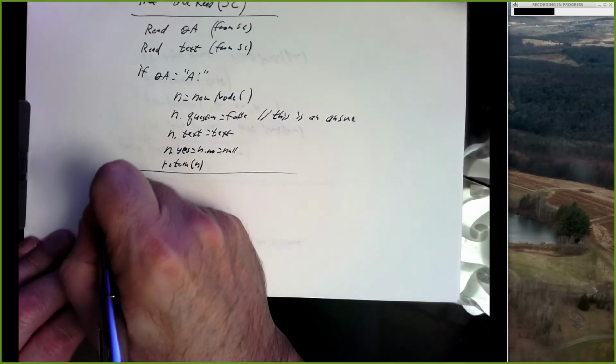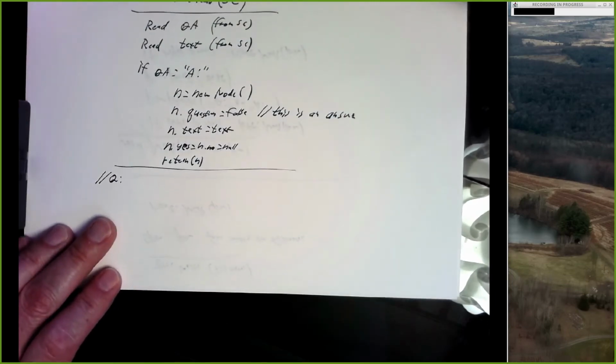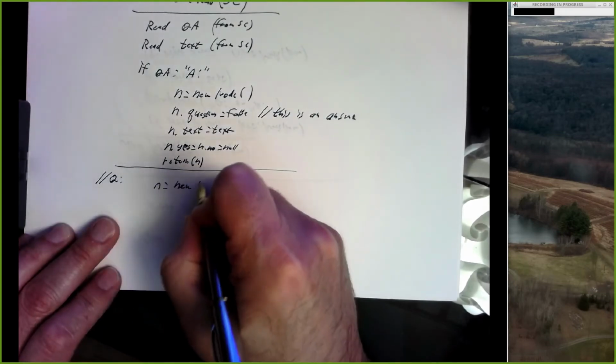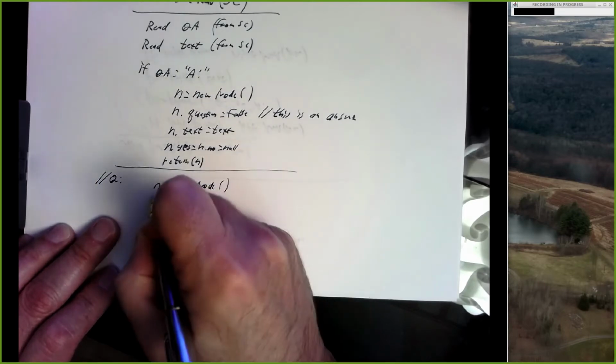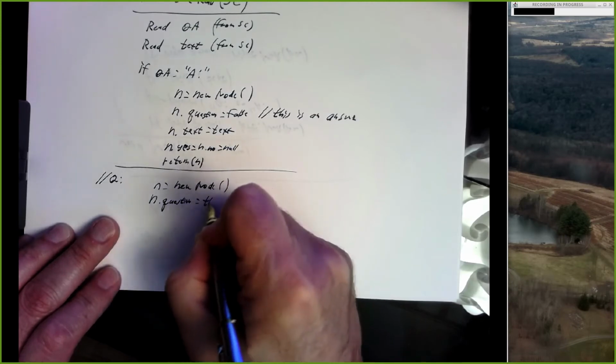Otherwise, if the first line wasn't A colon, we can assume it's a Q colon. And so we'll do n equals a new node. n.question here is going to be true.